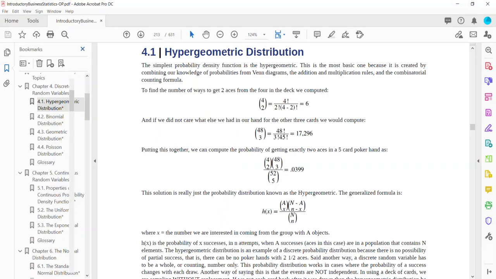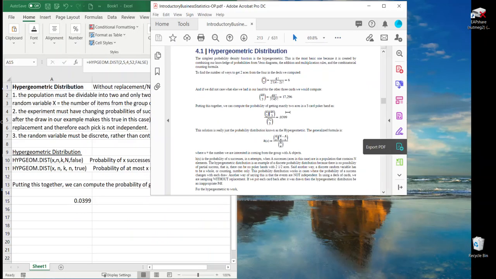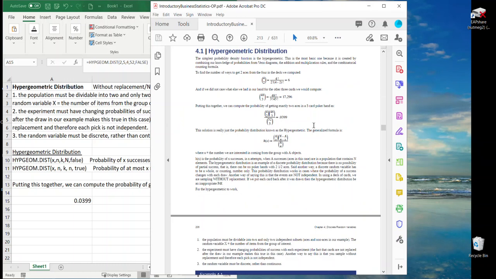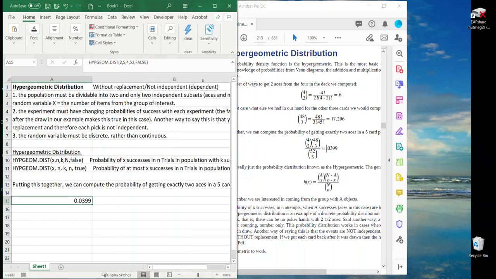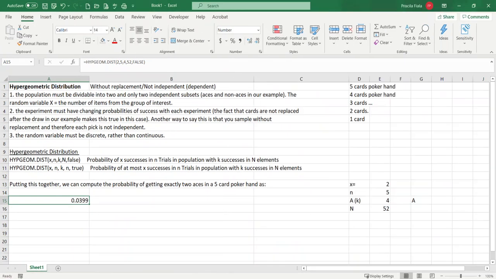So the answer in your book, here we go, let me make it bigger for you, right here, is 0.0399, and we are correct. So instead of having to do all these calculations and learn all these formulas, all I did was use these formulas.